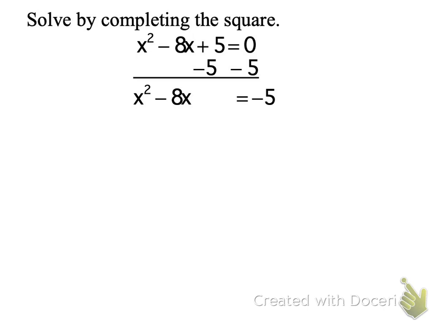Now what? What's next? Adding 16. How are we getting that 16? Instead of just remembering what that trinomial is, what's the pattern to getting it? What plus itself equals 8, and you get 4, then 4 squared equals 16.